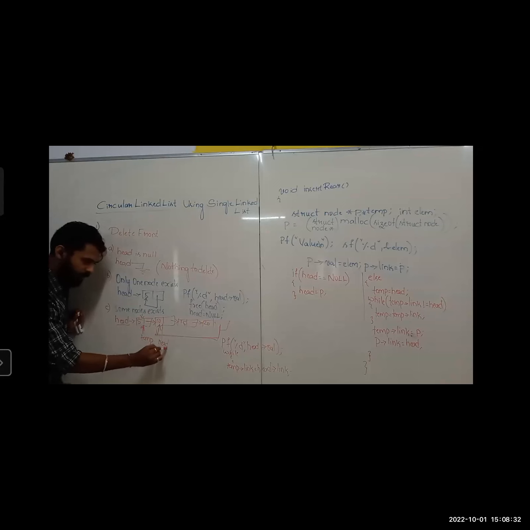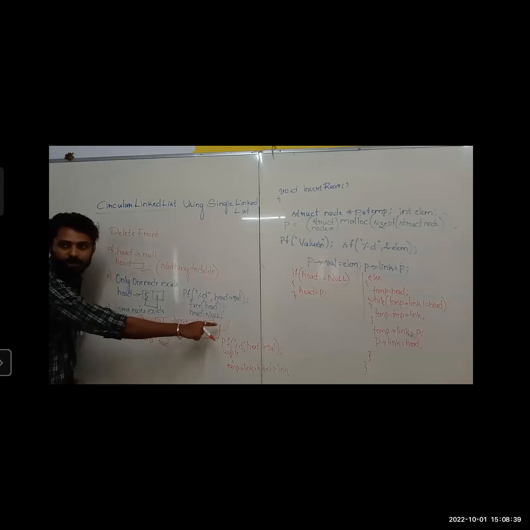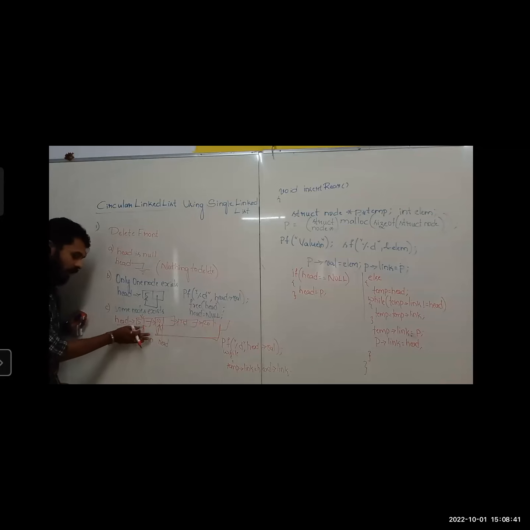But now you tell me, if this temp is not there, how will you delete this? Assume that I don't bring temp here, no extra steps. Then how will you delete this? Now your head is pointing here and the connections are all done, but you didn't delete this node. Don't you think it is still occupying the memory?